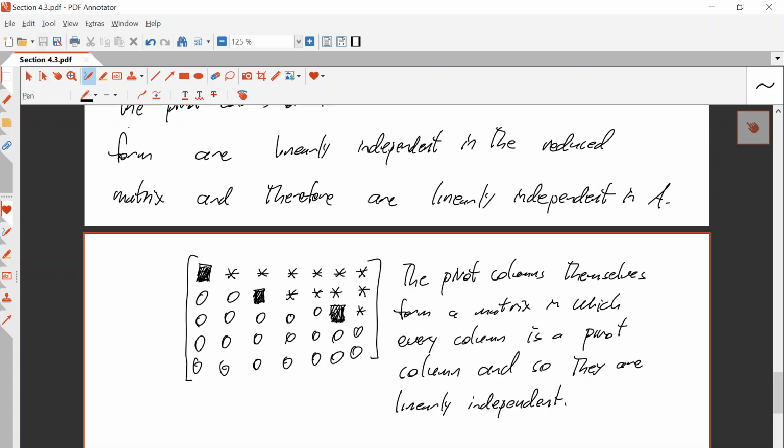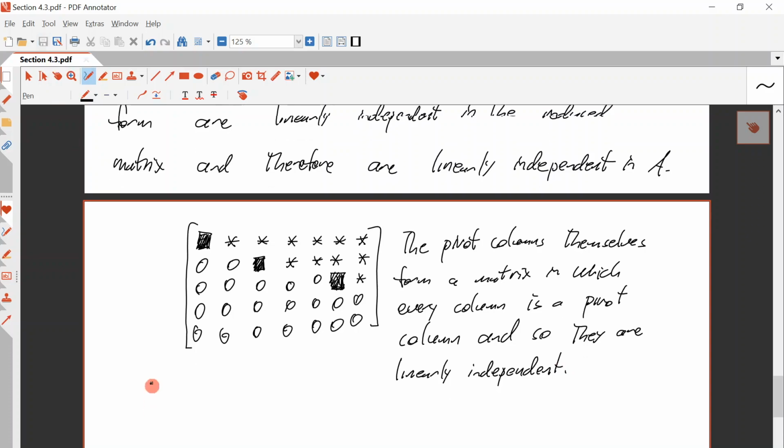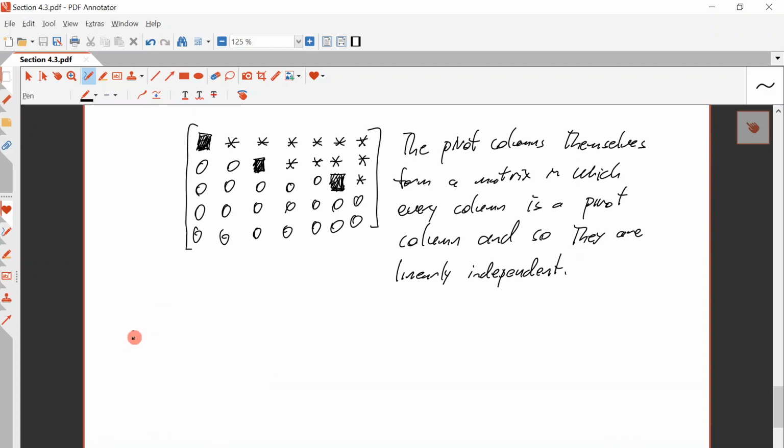So the pivot columns of the reduced matrix are linearly independent in the reduced matrix, and therefore also linearly independent in A. So you can't see the pivot columns in A, but when you reduce them, you can see them. So you know which columns are pivot columns.